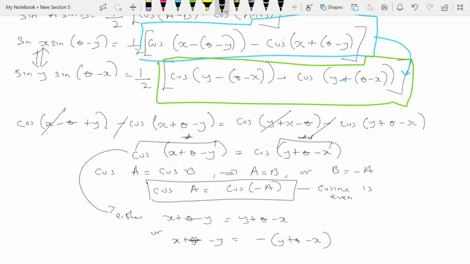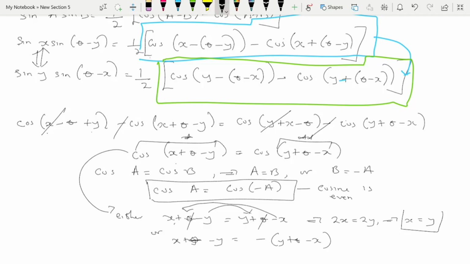In the first one, theta cancels out, and this simplifies to 2x equals 2y, right? Y goes this way, x goes the other way, and this means that x is equal to y for this first one.